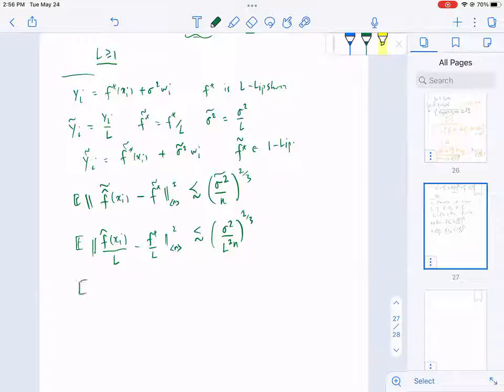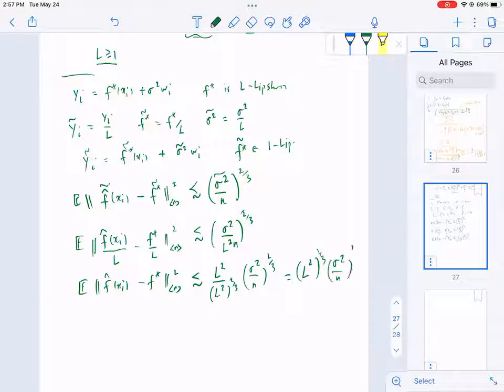Multiplied by L squared, what do I get? This is L squared, this is L squared to the 2/3, sigma squared to the third, so I get L squared to the 1/3, right? Is that right? So do I get L sigma squared? So it seems like we get back.